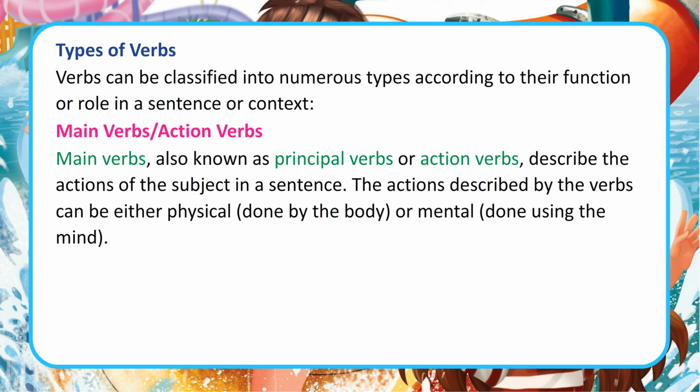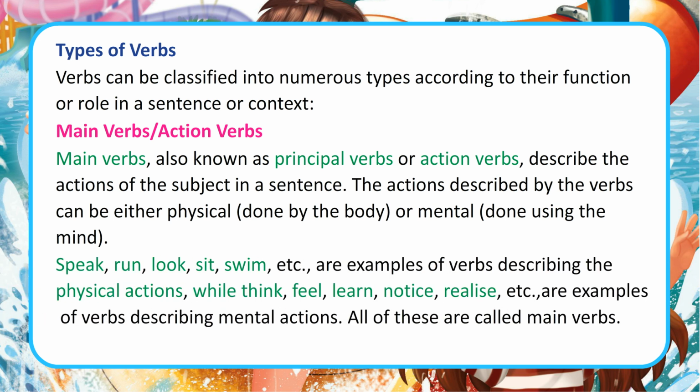The actions can be either physical, done by the body, or mental, done using the mind. Speak, run, look, sit, swim, etc. are examples of verbs describing physical actions, while think, feel, learn, notice, realize, etc. are examples of verbs describing mental actions. All of these are called main verbs.